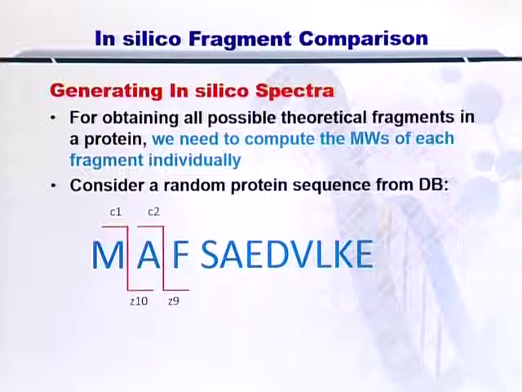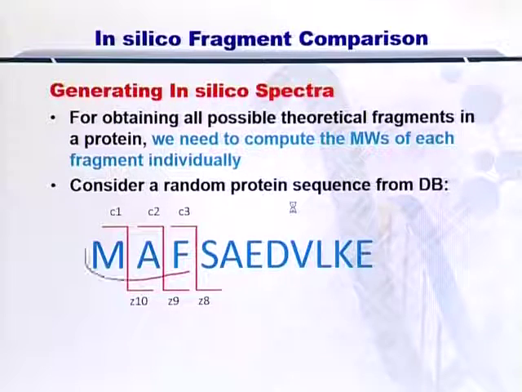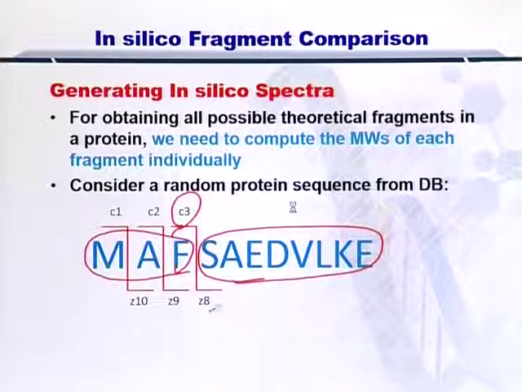Next, if you fragment this protein again, it will give you a C3 and a Z8 ion. So, if you know this amino acid sequence, that is the C3 ion, or if you know this amino acid sequence, that is the Z8 ion, then you can compute their molecular weights. So in this way, you can arrive at theoretical masses for the fragments.